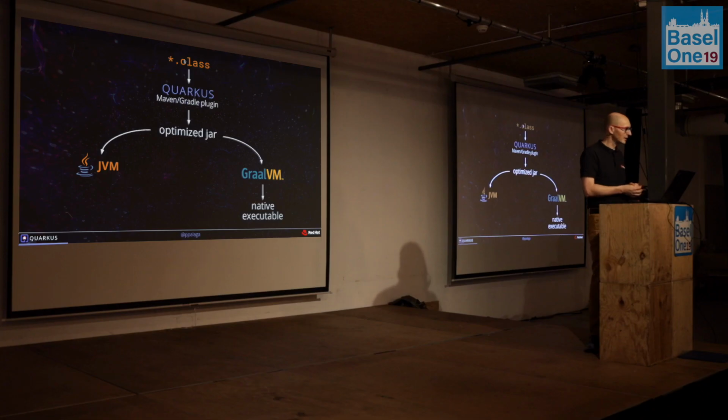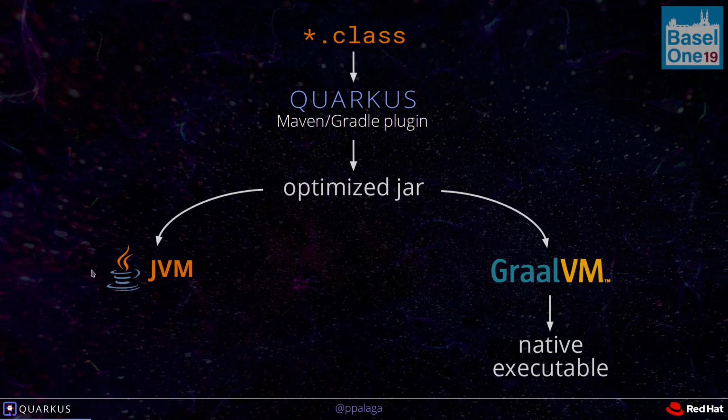The input for the plugin is compiled Java code, either in form of Java classes or jar files. And the output is something we call an optimized jar. This jar can be run on a stock JVM, such as OpenJDK.